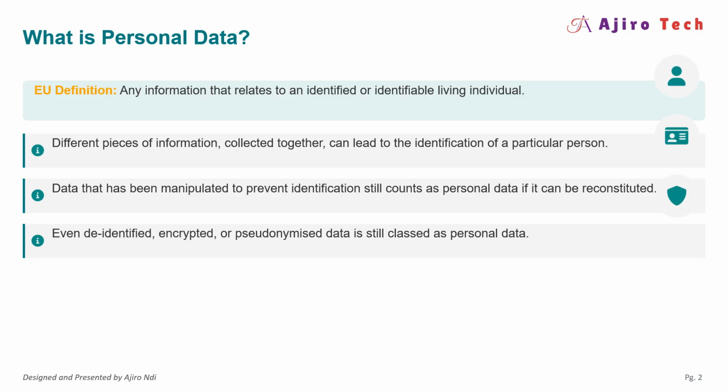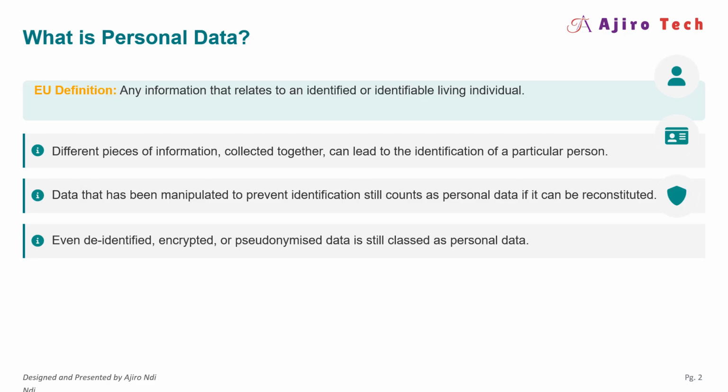Now, this simply means that different pieces of information collected together can lead to identification of a particular person. It also simply means that data that has been manipulated to prevent identification still counts as personal data if it can be reconstituted.